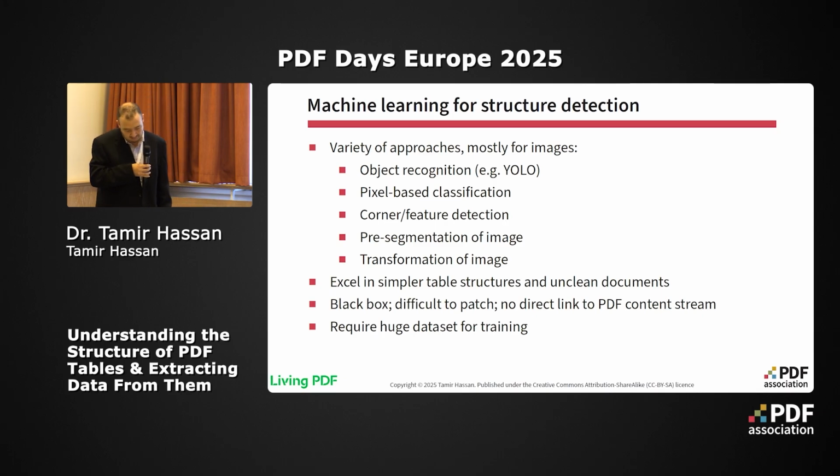And that's why my motivation was to go back to the rules and see if we can do something better using more flexible, fuzzy logic-based rules. And finally, also, there's no direct link to the PDF content stream. Once we've extracted something, we need to search within the original PDF for which operators were actually used to draw the text, particularly if we're interested in tagging the PDF later on.